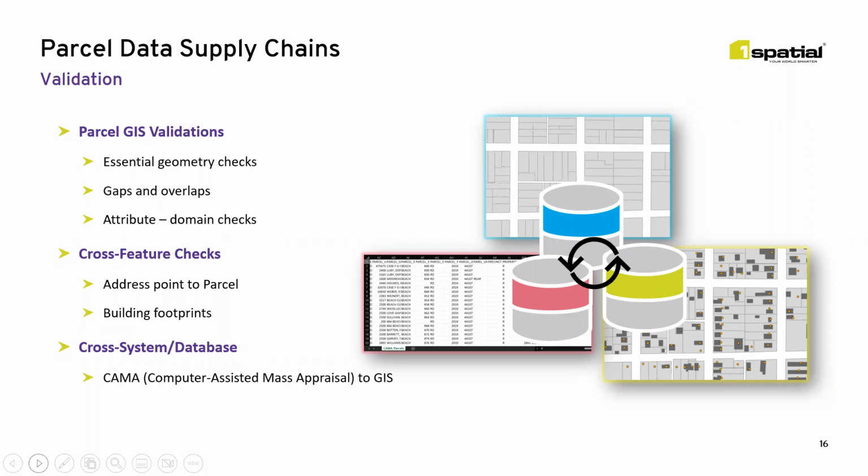So the step that we want to start this data supply chain with is running validation workflows. So for parcel geometries, we want to run those essential geometry checks, be able to find those gaps, overlaps, spikes, kickbacks, etc. And then after, as we're checking the geometric cleanliness of our data, we also want to make sure that the attribute checks or the attribution is correct.